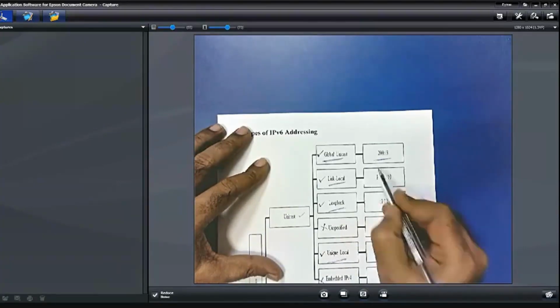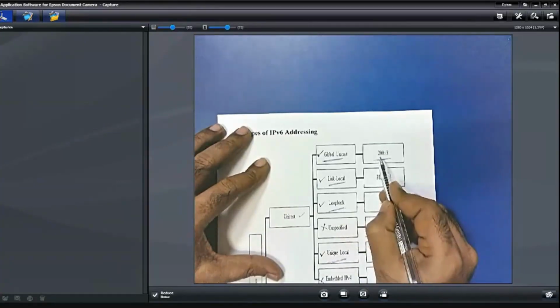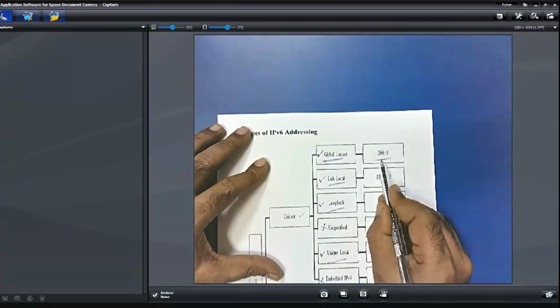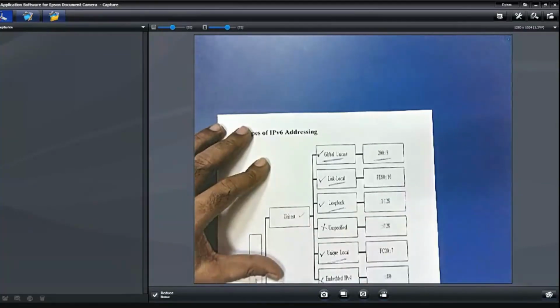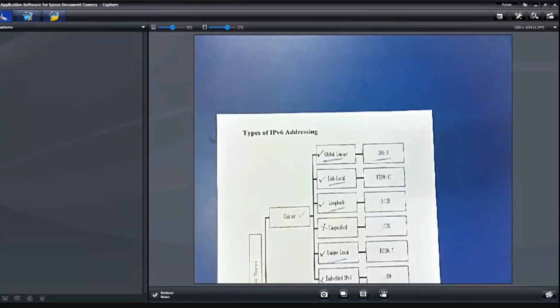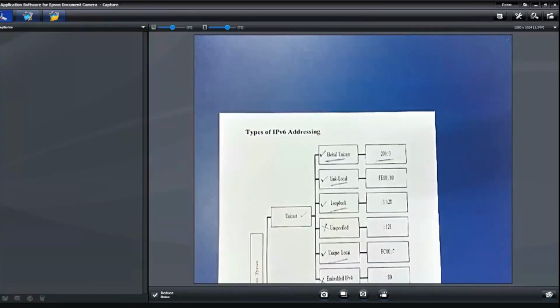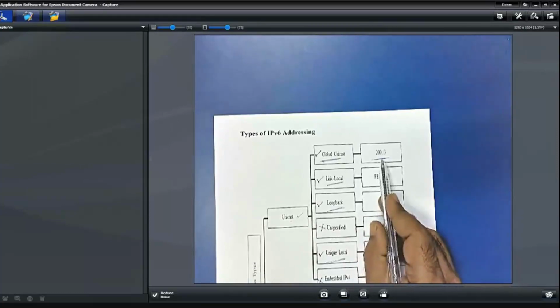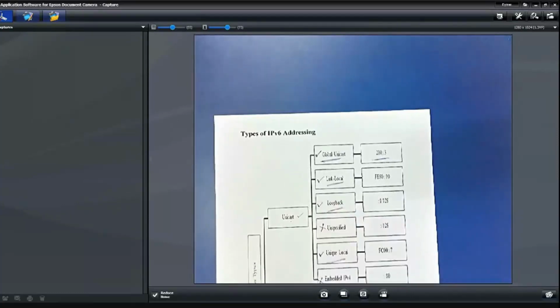If any IPv6 address starts with 200, it is a global unicast address.